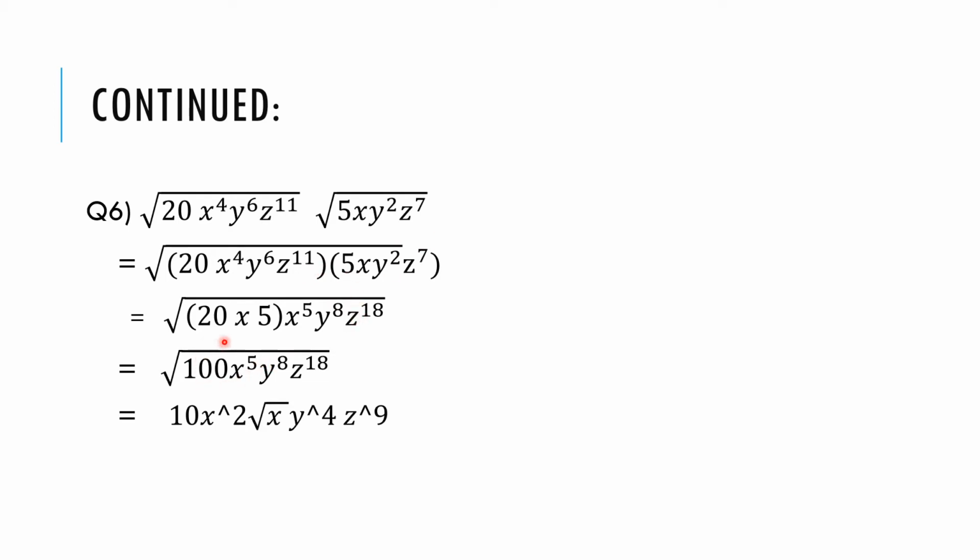So that turns out to be root of 100 x^5 y^8 z^18. Square root of 100 is 10, so the answer is 10 x^2 root x, y^4 and z^9.